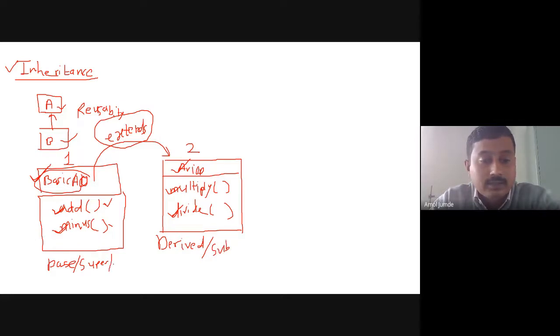The base class is also known as the parent class, and the derived class is also known as a child class. By these terms we mean the same thing. So this is the inheritance concept.